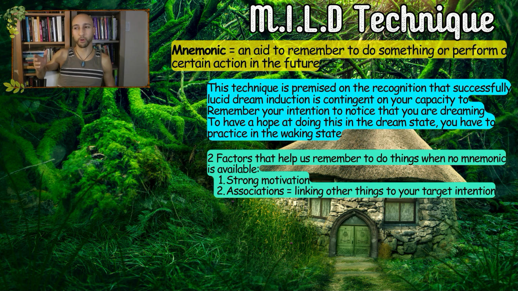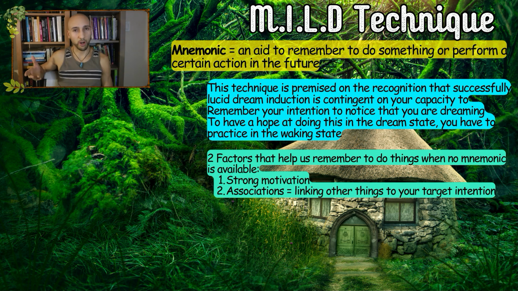But that's a problem. So what happens in the dream state where we are trying to remember something, but we don't have a mnemonic, right? We don't have something that we can bring into the dream world from physical reality to help us remember. So what is one to do? One is to remember two things. You want to have strong motivation and you want to make associations, okay?